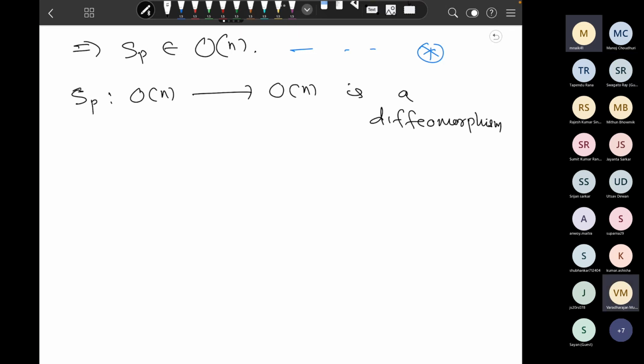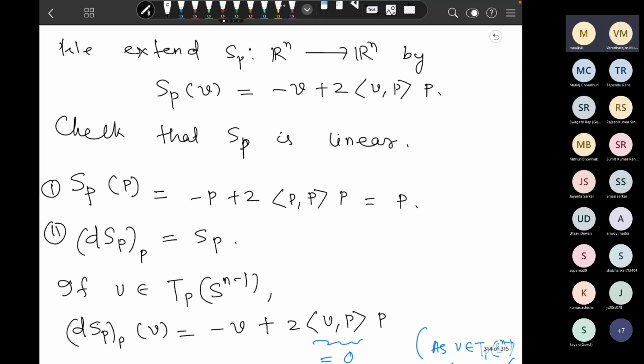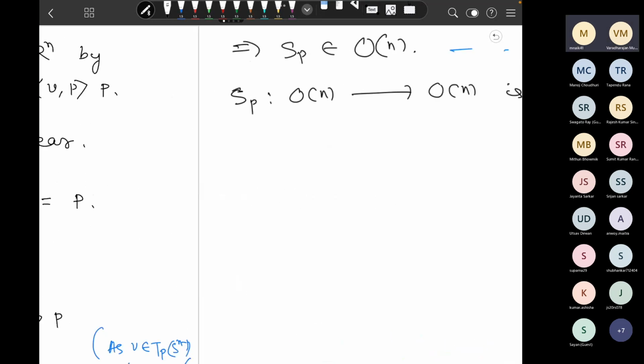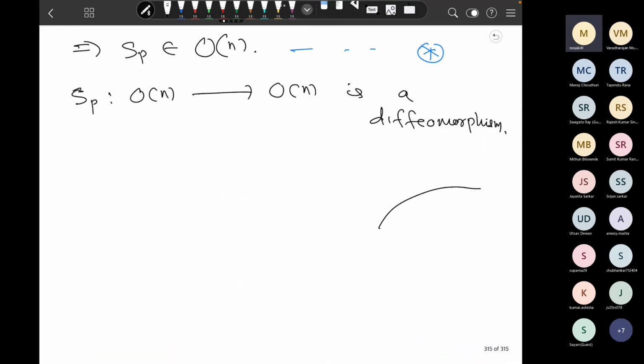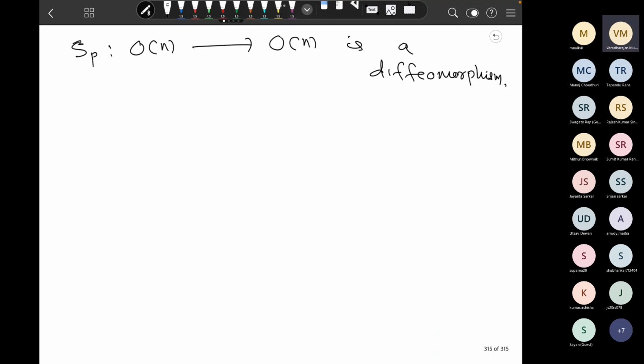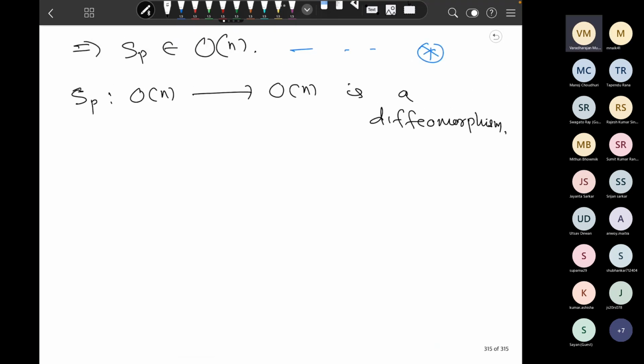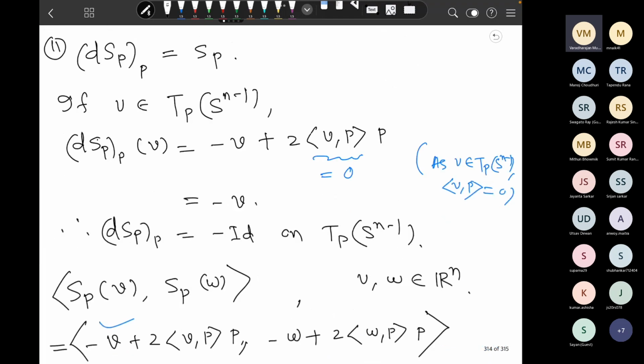These things are called transvection. No sir, this will not be transvection. We will come to this. This is just geodesic inversion at the point p. That is a different transvection, I will come to it. This is not a transvection actually. Only because you want minus identity, the derivative, you are taking minus.